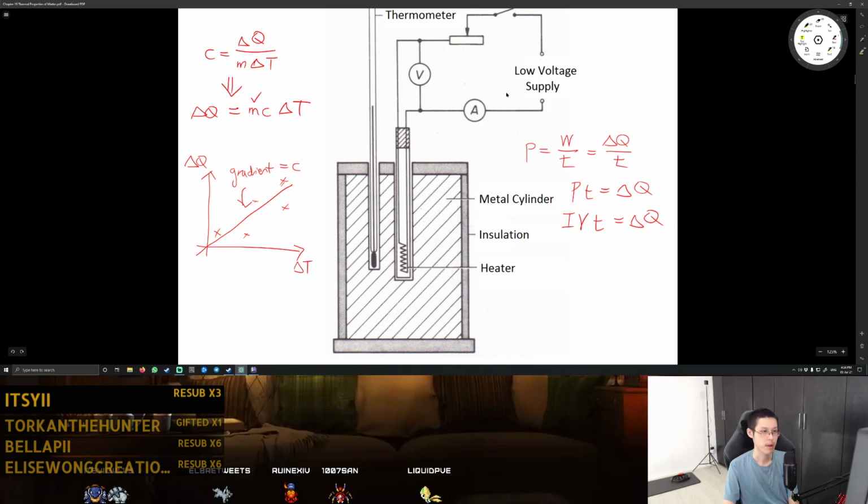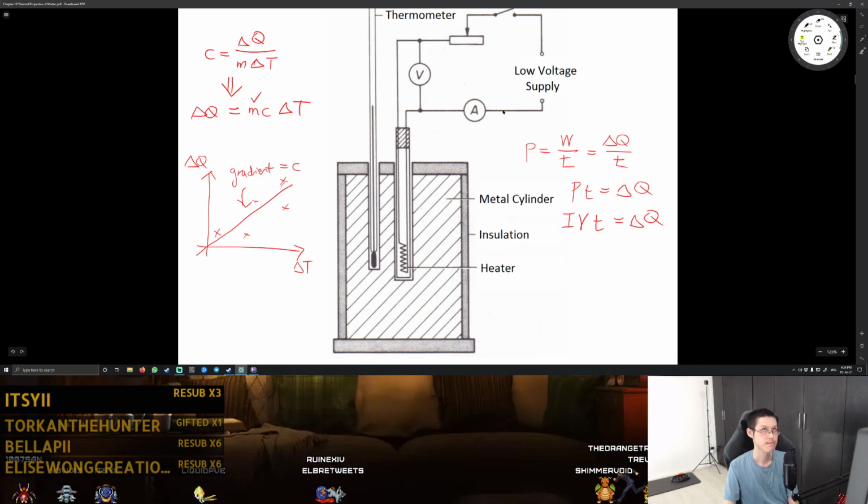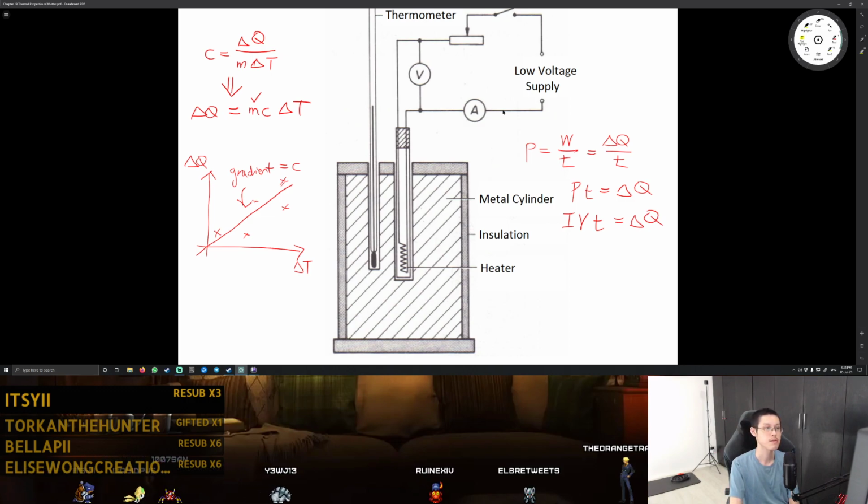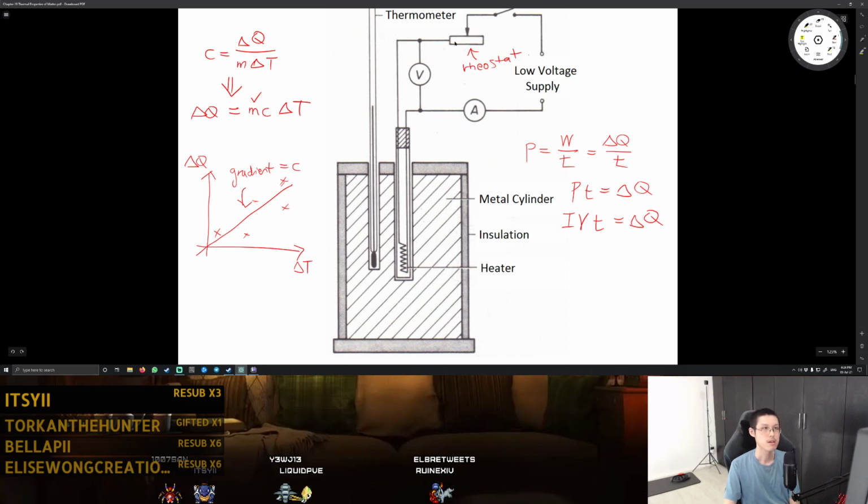So when you're doing this experiment, you have to make sure that your I and your V are constant. Okay? So it's usually quite useful to have a rheostat over here. A rheostat is like a variable resistor.